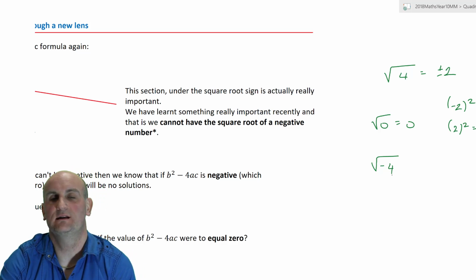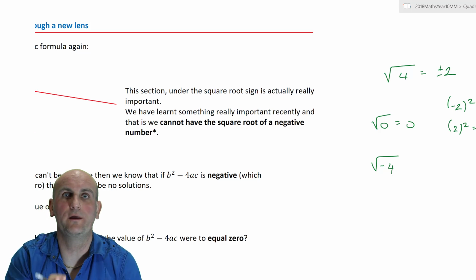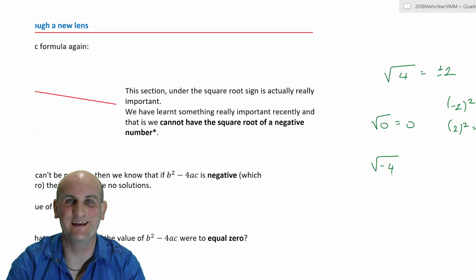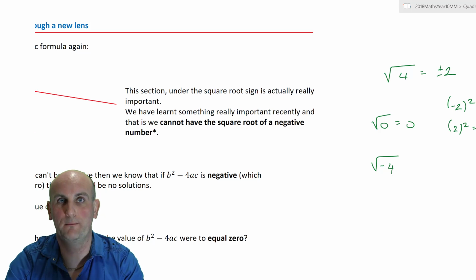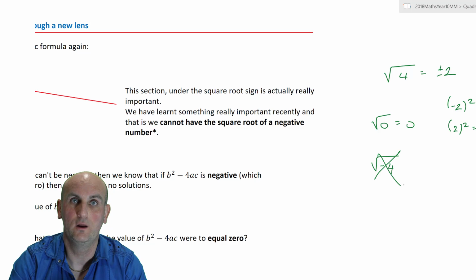It works much later on when we get to specialist maths in years 11 and 12. But at this moment in time, a square root is when a number multiplied by itself gives us the number under the square root sign. Is there a number multiplied by itself that can give us negative 4? Actually, it can't.